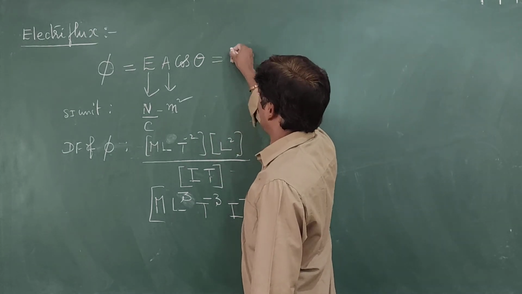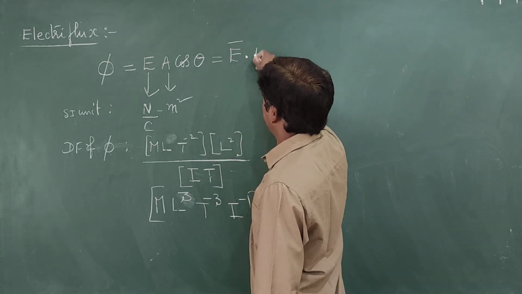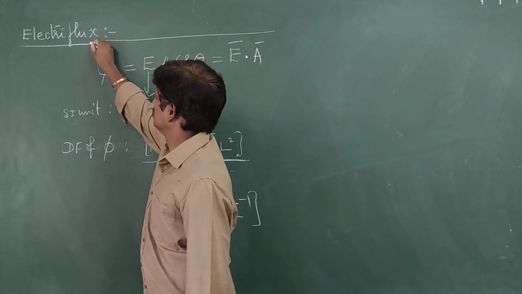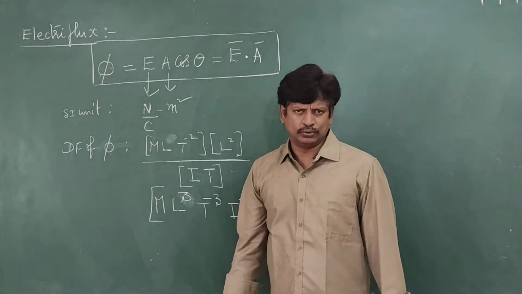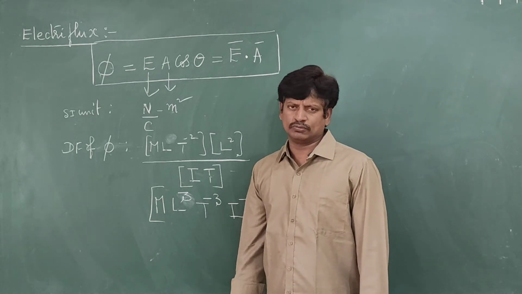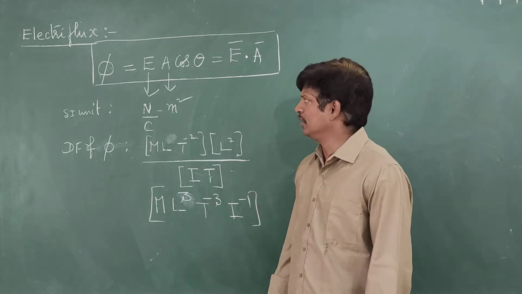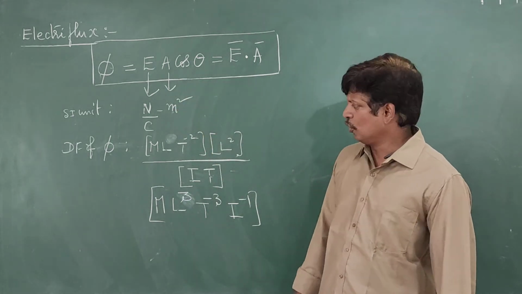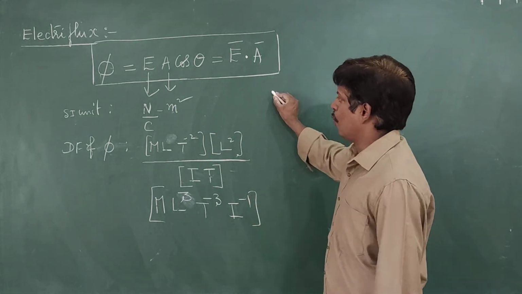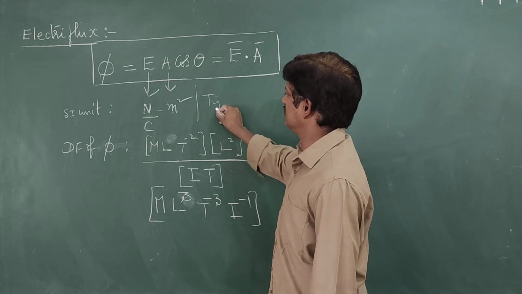I said electric flux is equal to EA cos theta. It can be written in vector form as E bar dot A bar. Right? E is a magnitude, A is a magnitude, cos theta is also a number. The product of three numbers is also another number, that means it is a scalar. So electric flux is what type of physical quantity?